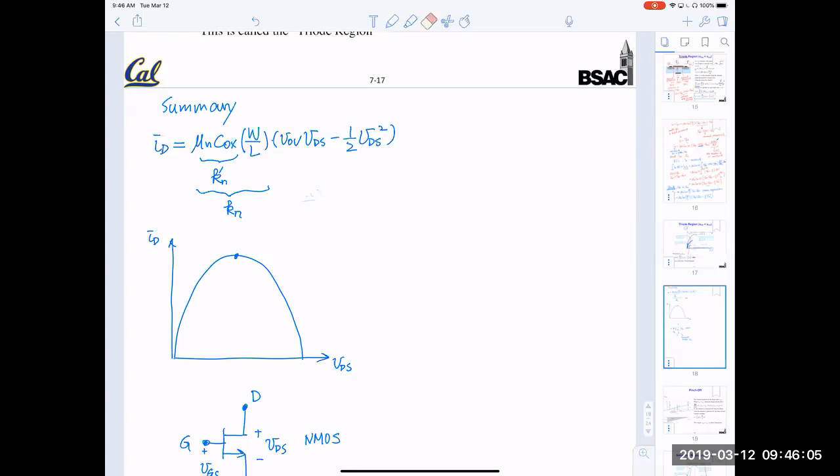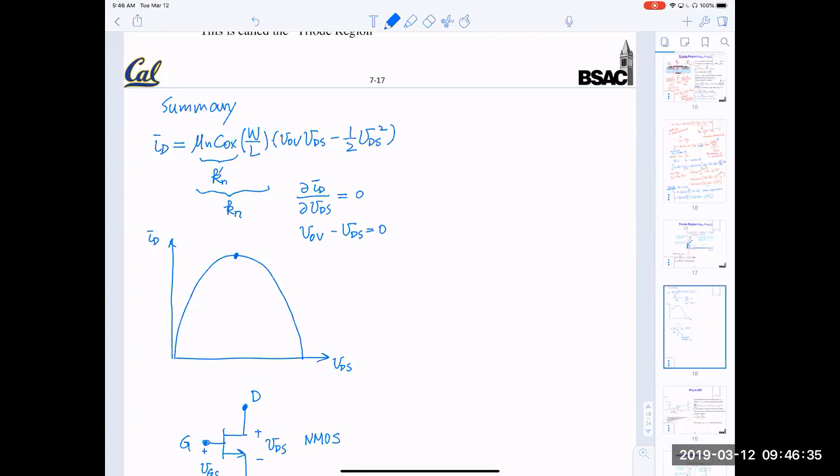Let me do a partial derivative since we have many variables here. Partial derivative of ID versus VDS. Okay, you set that equal to 0 and ignore the constant. You'll find VOV minus VDS equals 0.